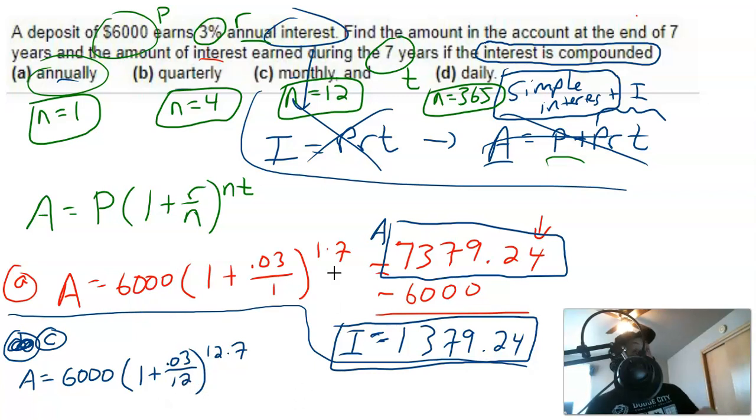Now you might think, oh, this will be like 12 times as much money if we're going to compound it 12 times as often, but that's not quite how it works. So if they're going to compound it monthly, the annual rate is still 3%. So they take that 3% annual rate and they divide it equally for the 12 months. So essentially, that's why you're doing the 0.03 divided by 12.